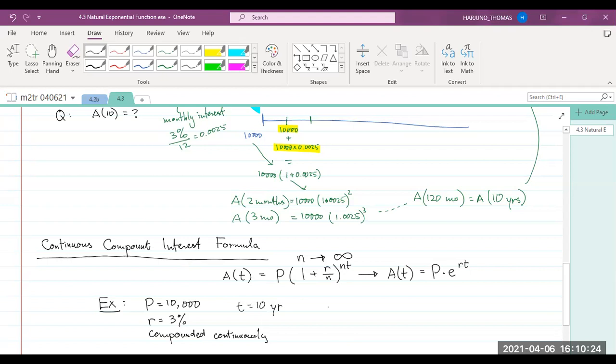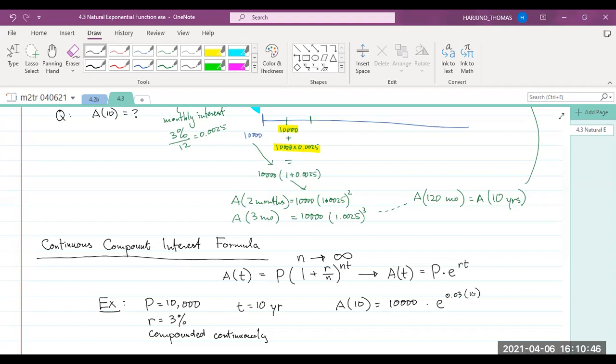Then how much money you have at the end? And the amount of money after 10 years is 10,000 times e to the power of 0.03 times 10. That's how much you will get at the end of that 10 years.